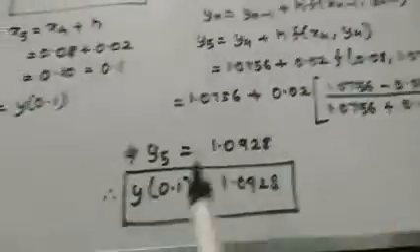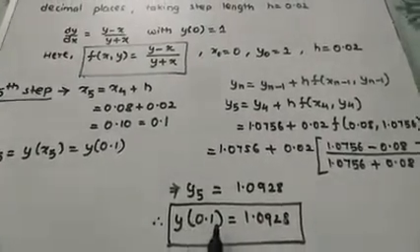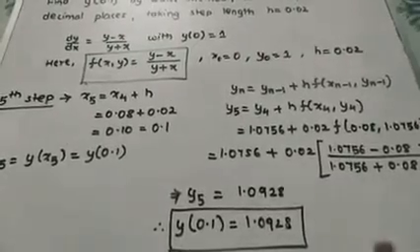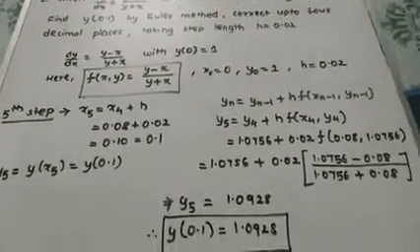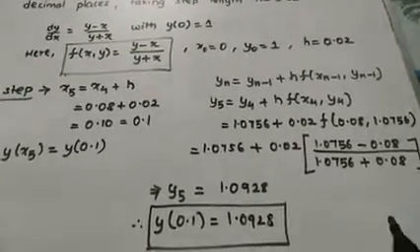So finally in this step, y5, which means y of 0.1, equals 1.0928. In this way we have used Euler's method and found the value.